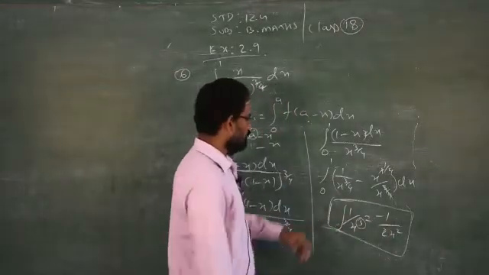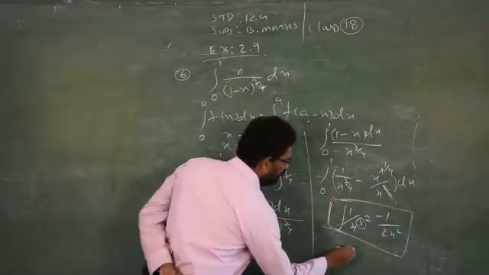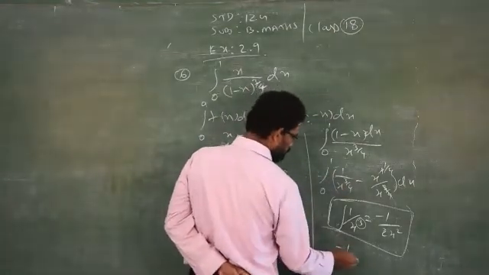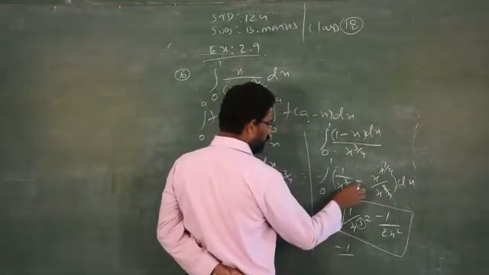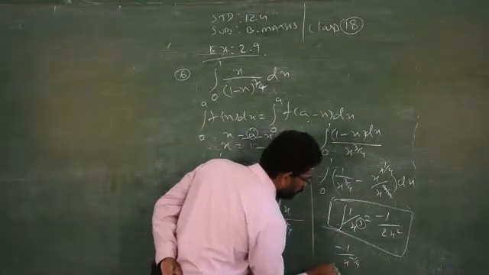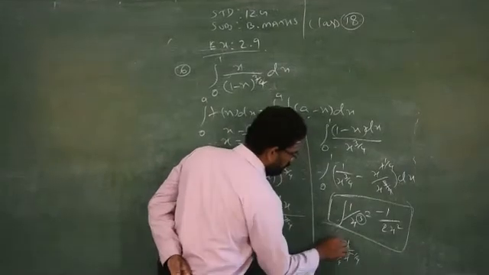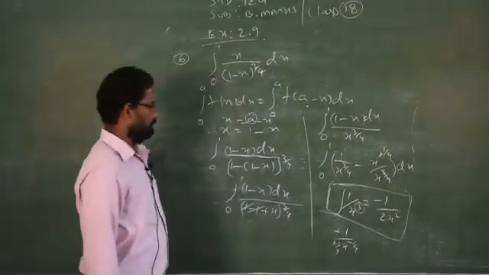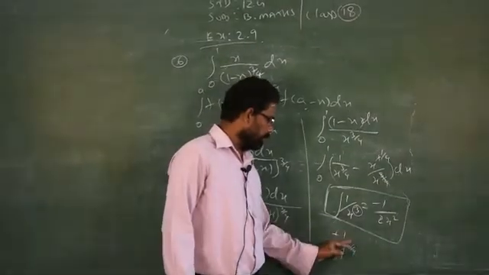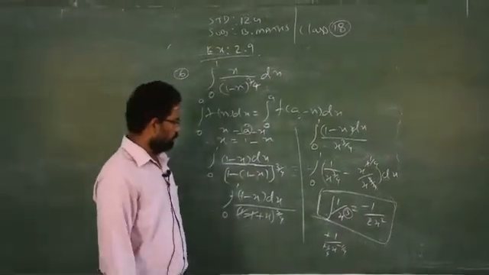So based on this concept, what will come here? You have to change the sign, plus will become minus. So when you reduce minus 1, what will be the answer? x power minus 1 by 4, again you will get minus 1 by 4, this minus will get cancelled. So you will get minus 1 by 4, and when you bring it to the numerator, this minus 1 by 4 will become plus 1 by 4.